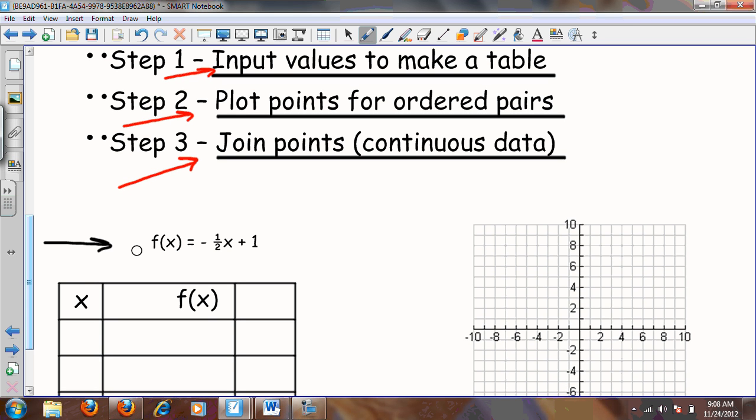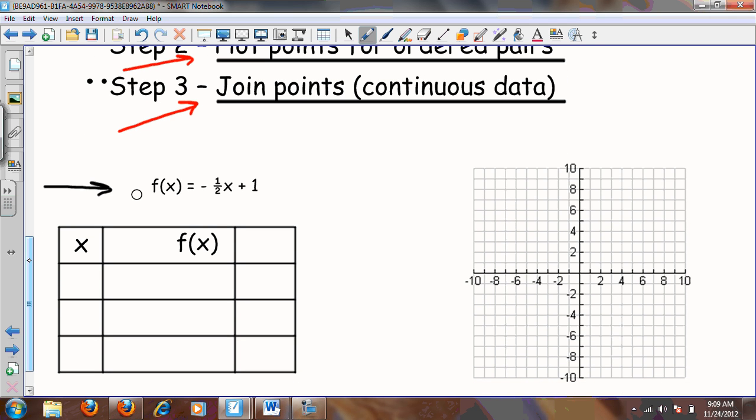f of x equals negative 1/2 x plus 1. Okay, we need to input values to make a table. I don't have any values for x. I get to pick them. I would choose at least 3 to 4 points. 4 is sometimes a little better. I have room today for 3. I usually choose a negative number, 0, and a positive number.